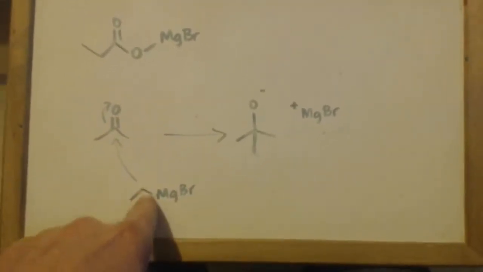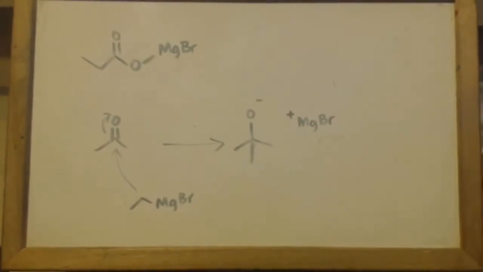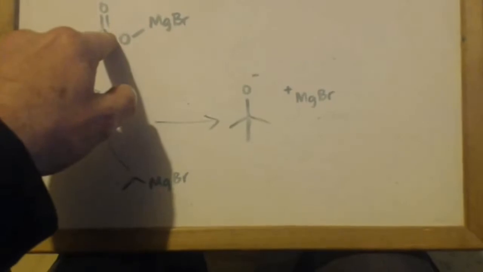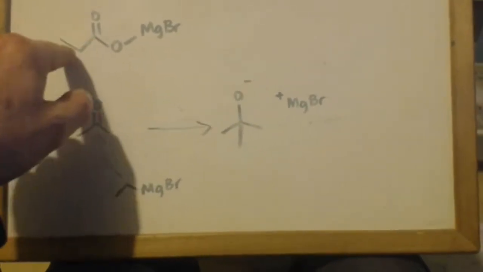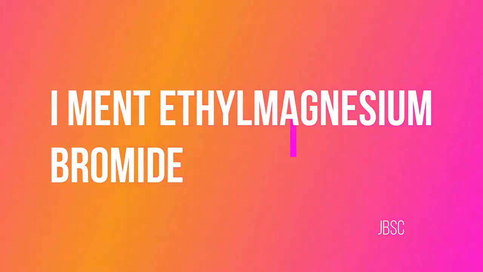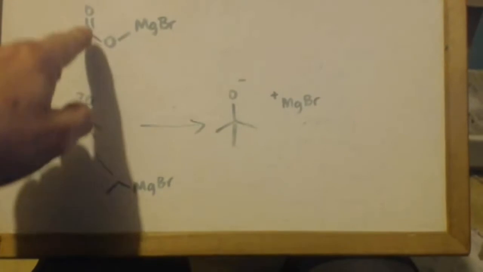Because if this would come up and go onto there, you would have your, this was your propyl magnesium bromide. It came up just like this did, connected onto the carbonyl, right?